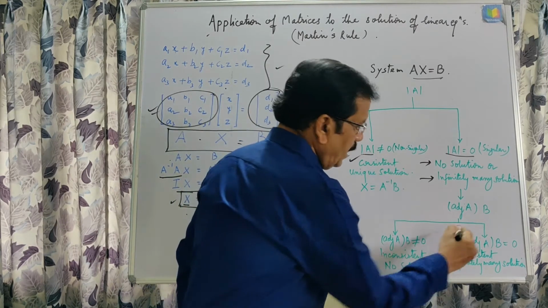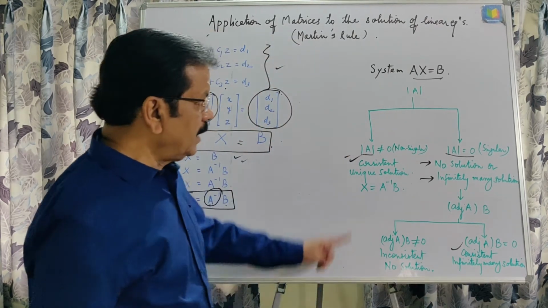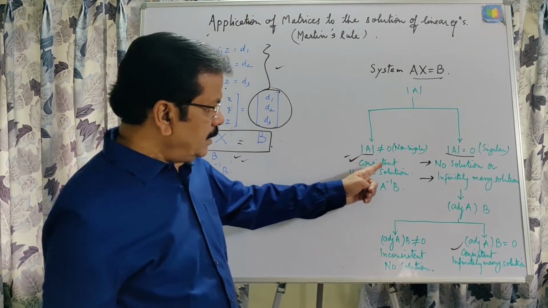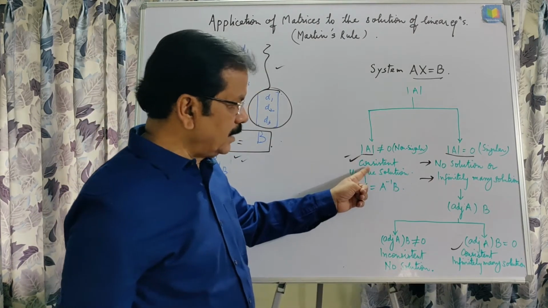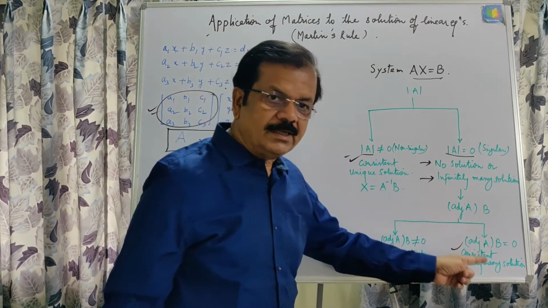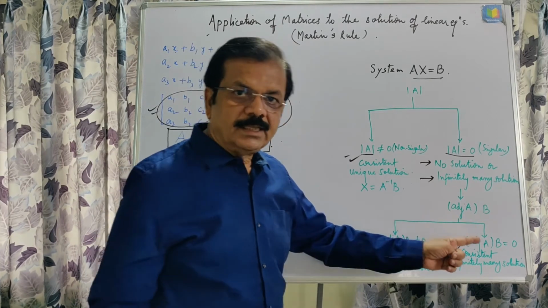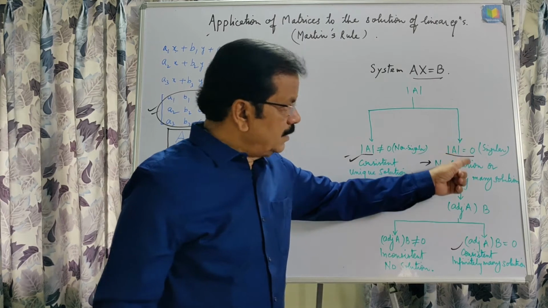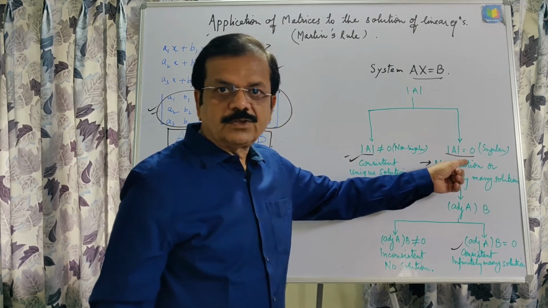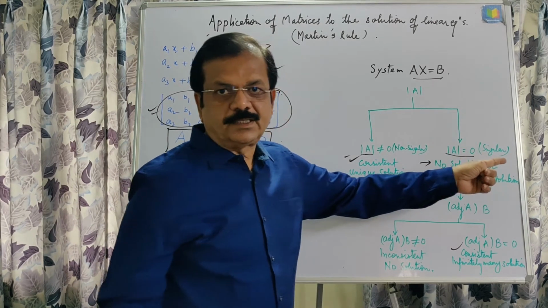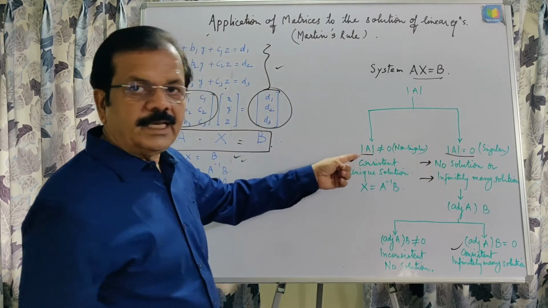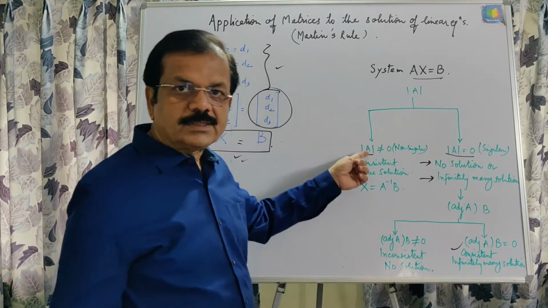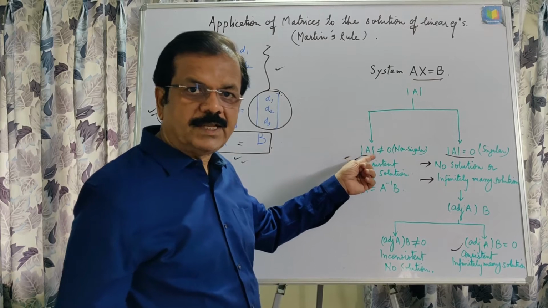So there are two conditions: first, consistency with the determinant of A not equal to 0, in the case of a non-singular matrix, and second, consistency in the singular case. This is the difference.